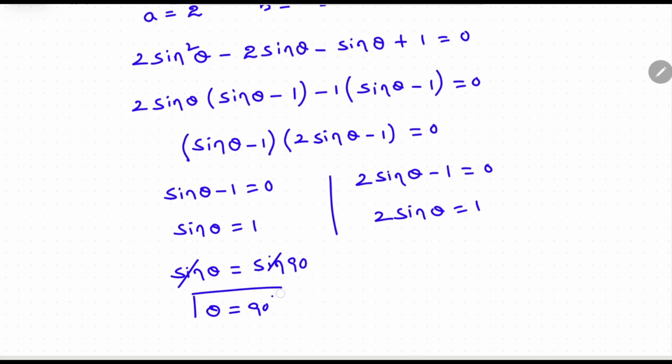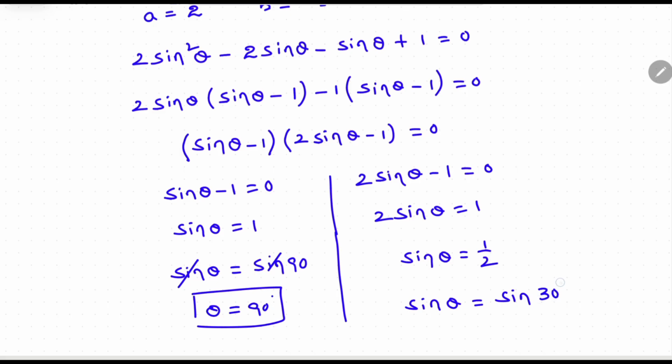Now, 2 into sin theta equals 1, therefore sin theta equals 1 by 2. For 1 by 2 we write sin 30. Sin gets cancelled, theta equals 30 degrees. That is the answer.